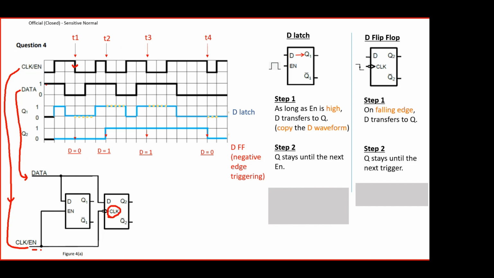And this signal data will flow along this wire and go into this D. Based on these two inputs, the D and the clock, Q2 will respond accordingly. It can be 0 or 1. All right, understand, right?